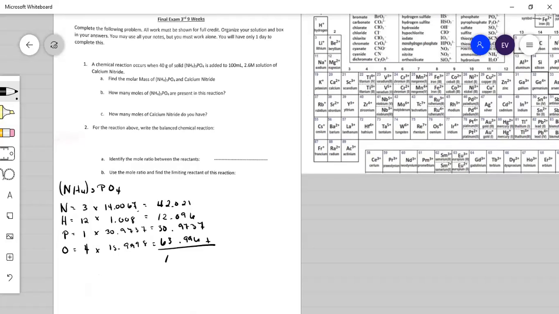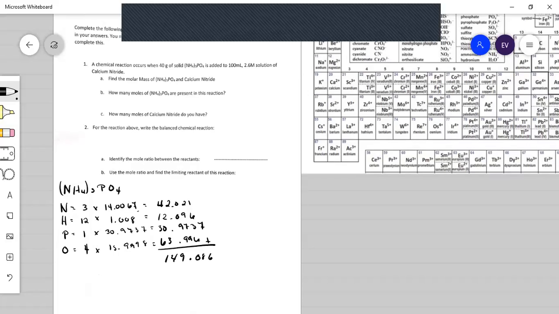For this one, you should get a total mass of 149.086. So that's pretty simple.